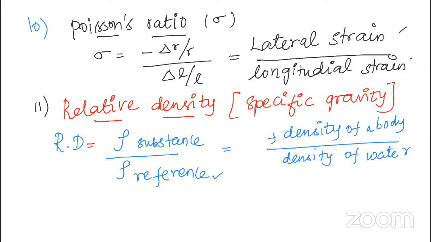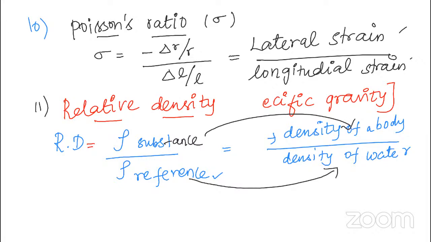The substance we take can be any other body. Most of the time they choose water as the reference. So this is the formula for relative density or specific gravity: density of a body divided by density of water. Here, relative density is also a dimensionless quantity.